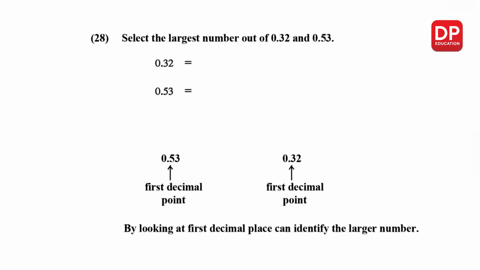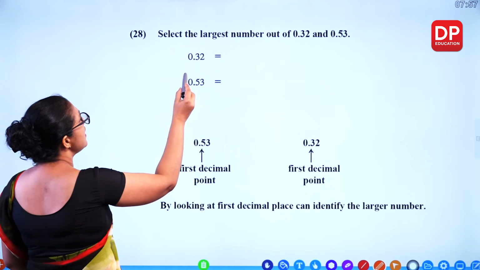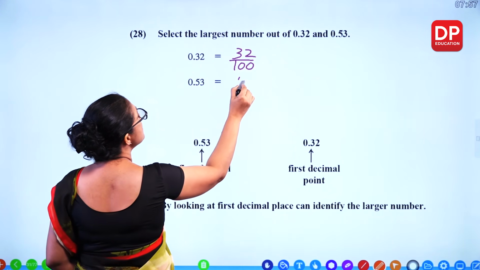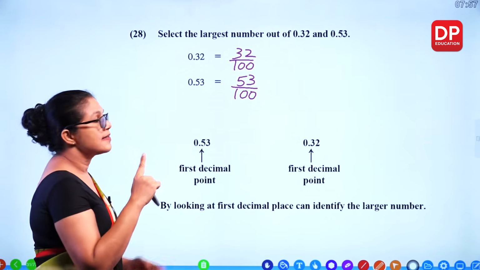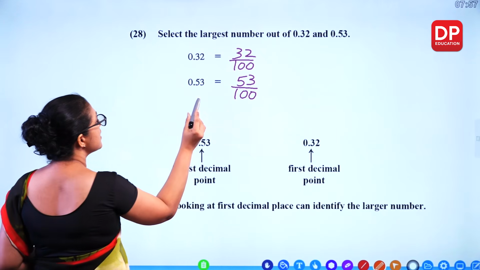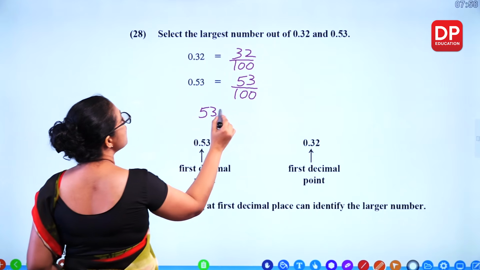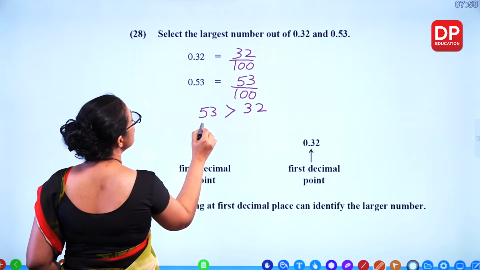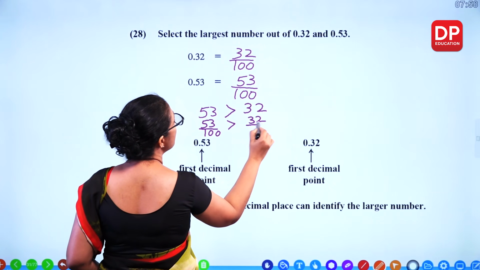Select the largest number out of 0.32 and 0.53. Now you get two decimal places. How can I write these in fractions? I can write 32 over 100, and this one is 53 over 100. With the same denominator, I can look at the numerator. 53 is greater than 32, so 53 over 100 is greater than 32 over 100.